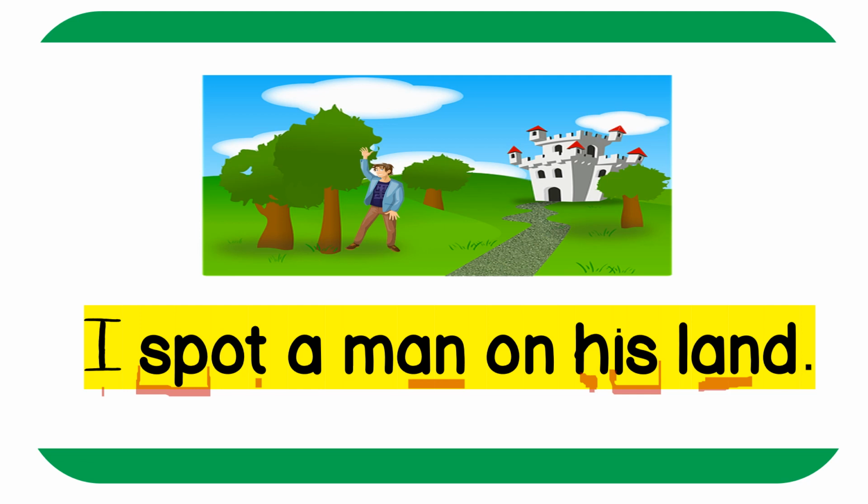When S is at the end of words, normally after some of the vowels, sometimes we hear the sound Z. So in this one, we hear I, Z, is. This small word is. Is, his.